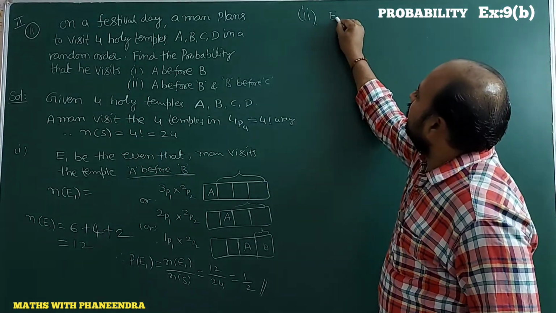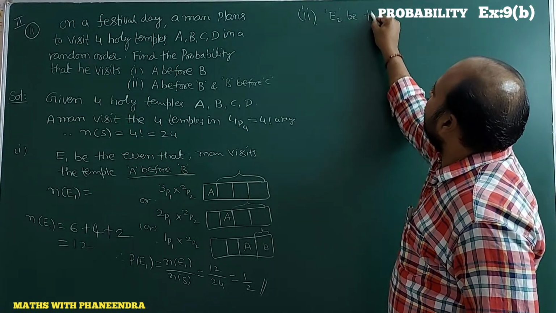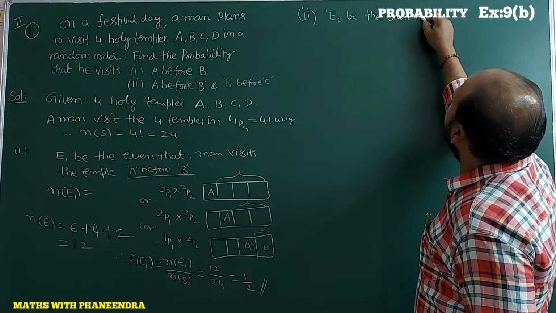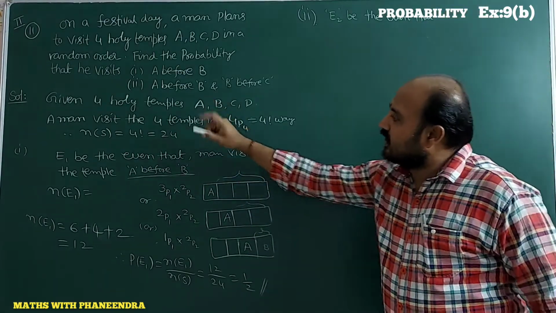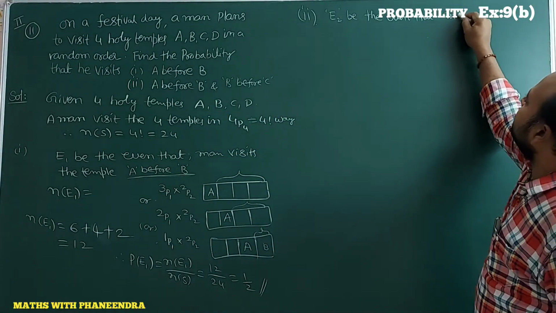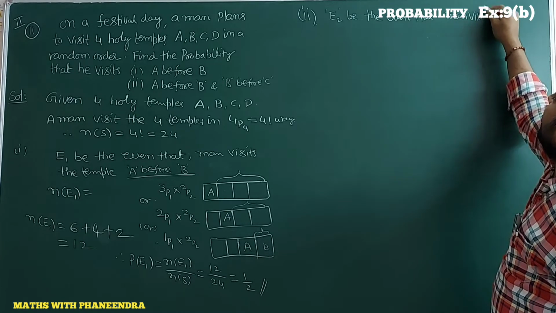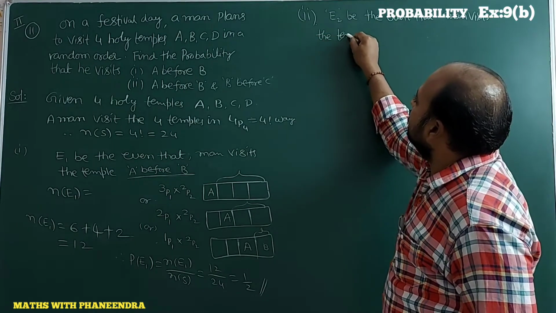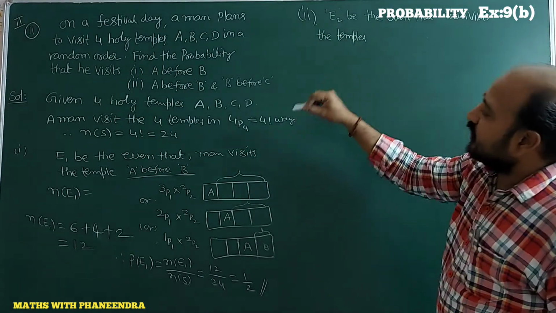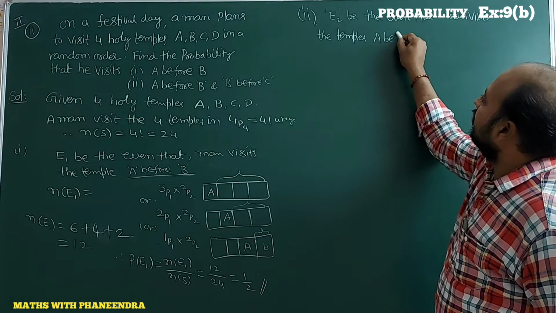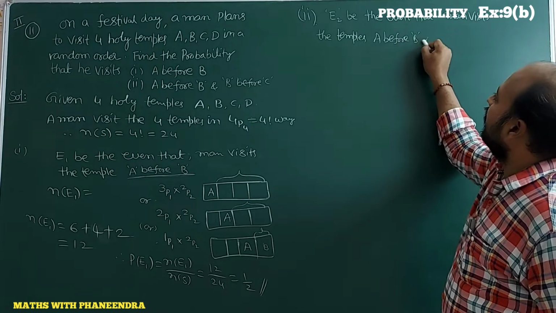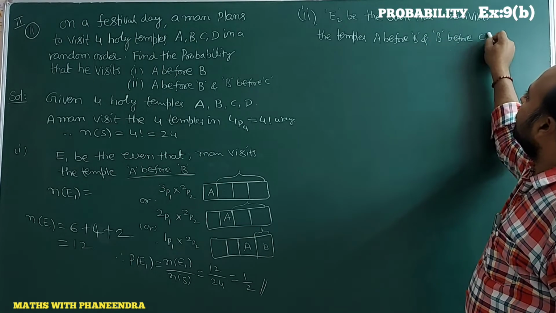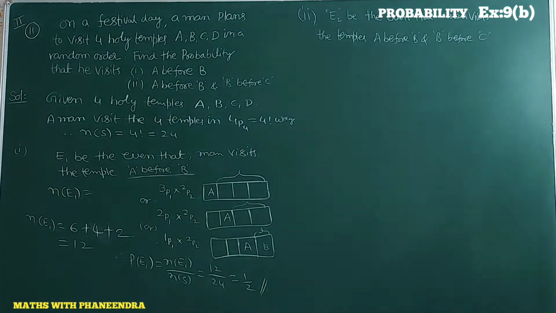E2 be the event that man visits the temple A before B and B before C. Here conditions are there, dear students.